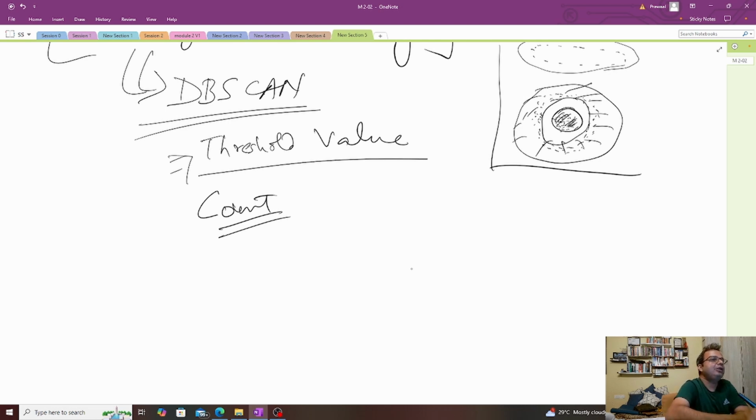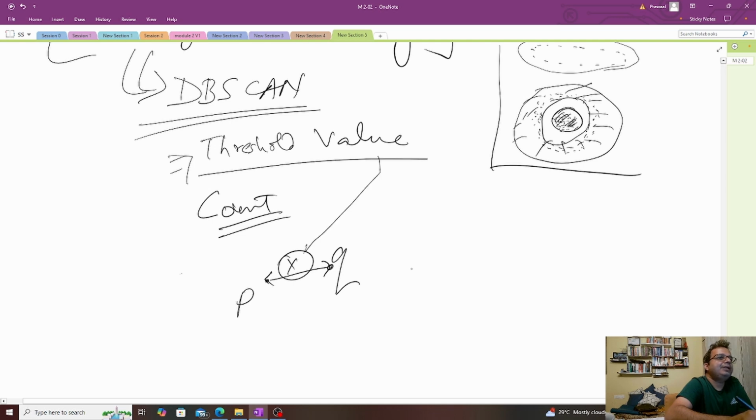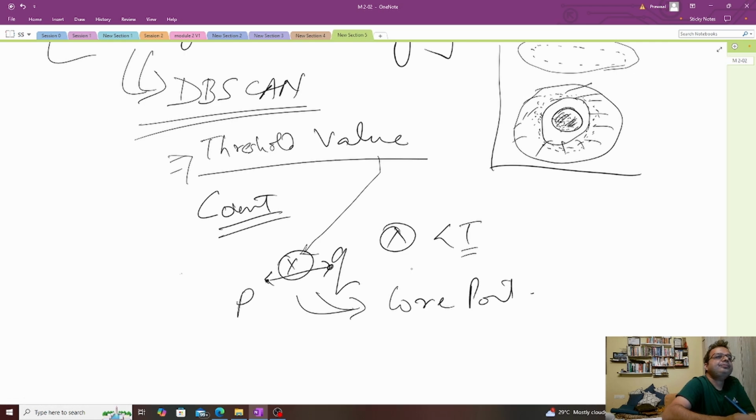The threshold value tells us this: let's suppose there is a point P and a point Q, and the distance between them is some value, say X. If this X value is less than the threshold value, which means they are in the vicinity of each other, then you call them core points.